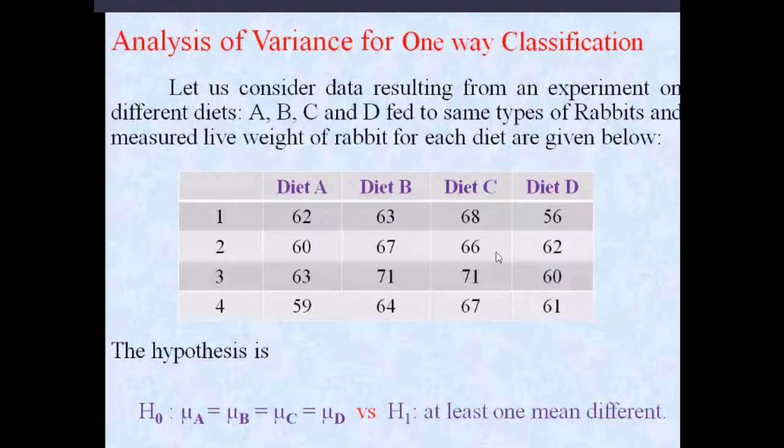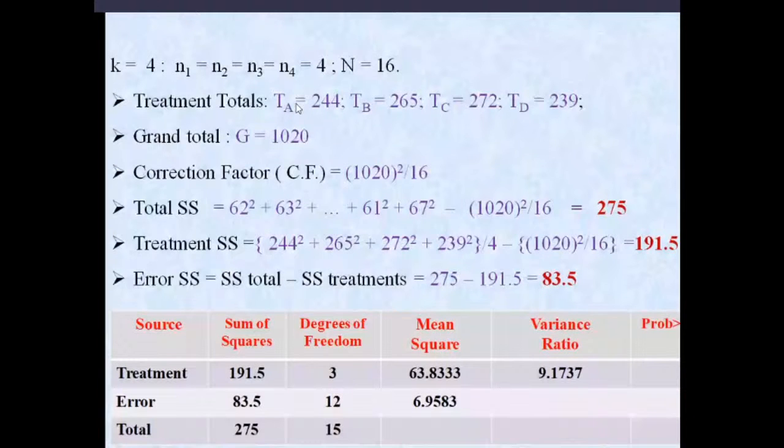That is TA, TB, TC, TD. Then compute the total of these totals, that is 1210 20. Next, I'm calculating the correction factor. The correction factor is the square of the grand total divided by the total number of observations.